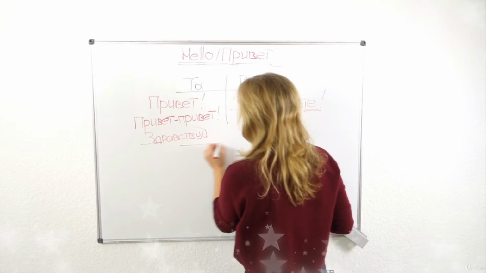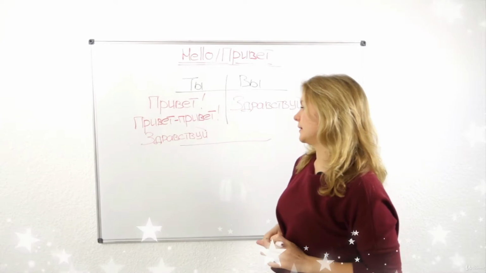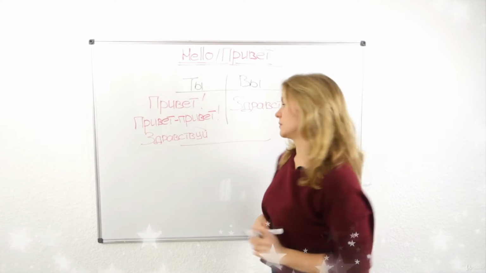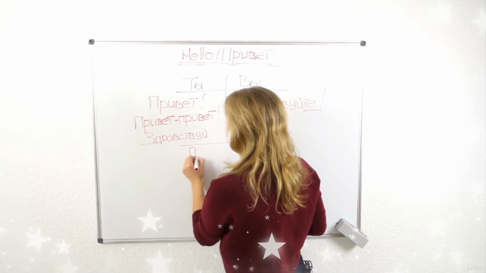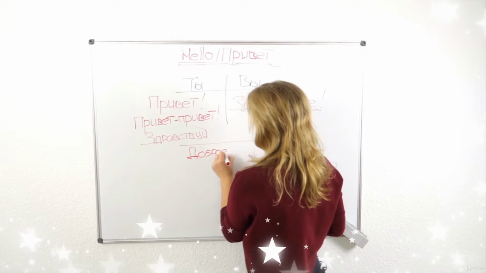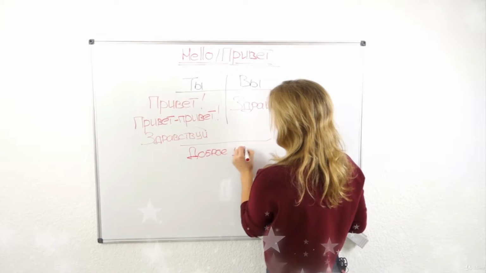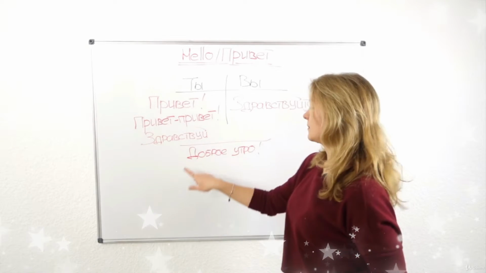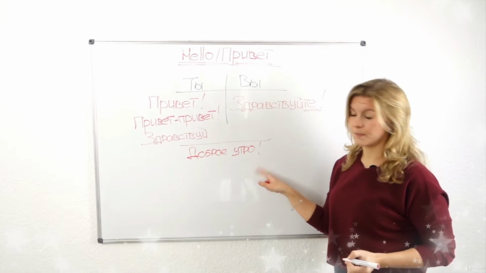And there are also three ways of saying hello in Russian which are used for both. You can say Доброе утро, which means exactly good morning. Доброе утро.